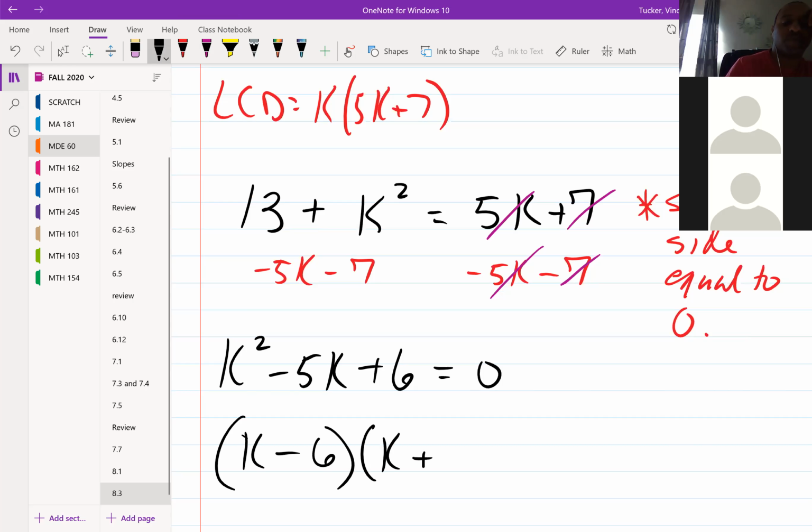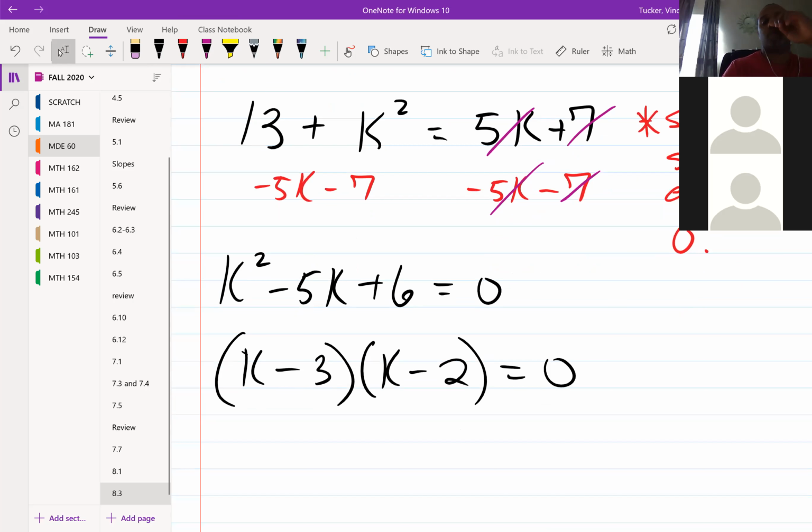I use the AC method. That would be 3 times 2, or negative, let me see. The center number has to be negative. I have to do 6 times 1. Now, your back number is positive, that means your signs are going to be the same. So it has to be -6 times -1, but that will give you a -7 in the middle. So you would use -3 and -2, because when you add -3 and -2 together, you get -5.